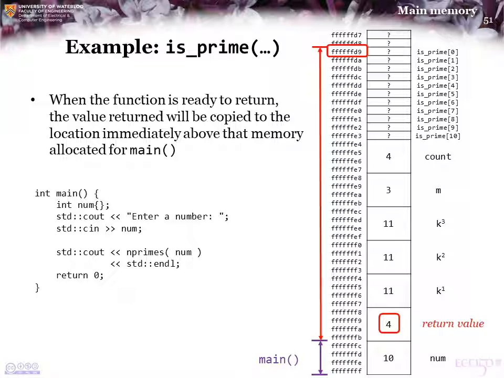Now, please note, this is very much a simplified version of what's actually happening. It's much more complex than this, but this will give you an idea as to what's happening under the hood. For example, the scopes of all three local variables k do not intersect.